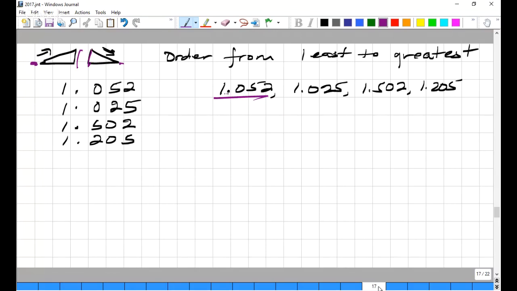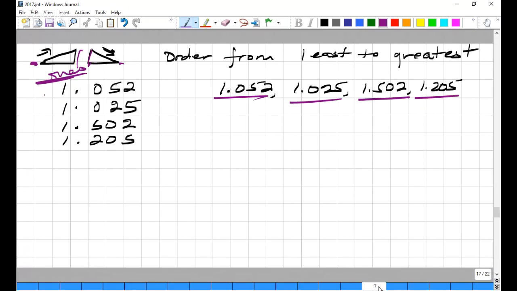1.052, 1.025, 1.502, 1.205. Okay, so if we arrange them according to our place value, we have the 1 in the what place? Ones place. Because it's to the what?